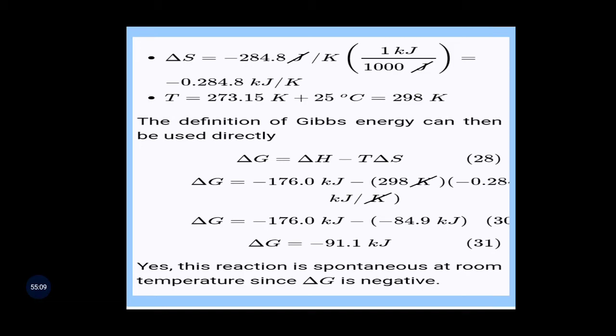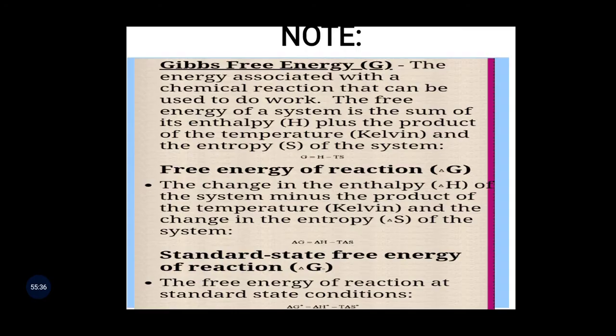So put everything back into the formula, then your final answer will be delta G equals minus 91.1 kilojoule. So in this case, delta G is negative. And you know, once your delta G is negative, it means the reaction is spontaneous. So we can now conclude that the reaction is spontaneous at room temperature since delta G is negative.